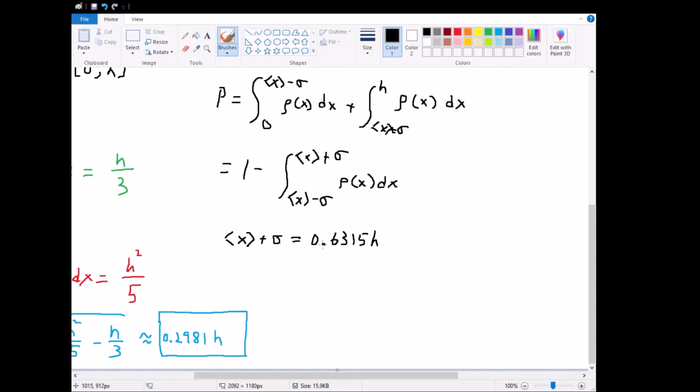And if you don't believe me, you can do this calculation yourself to verify. And the average of x minus a standard deviation is equal to 0.0352 h.